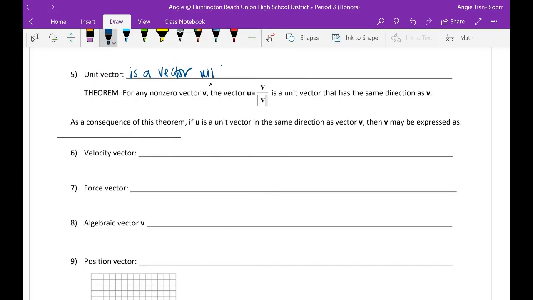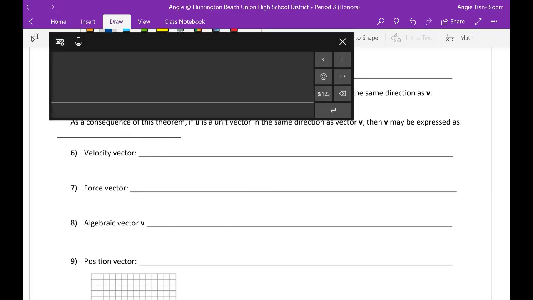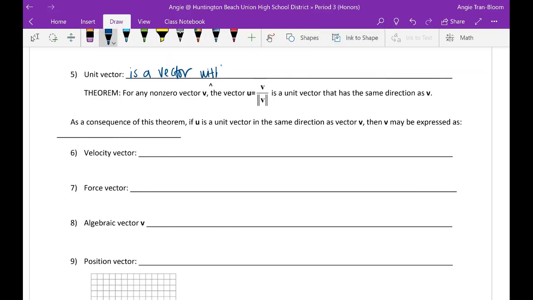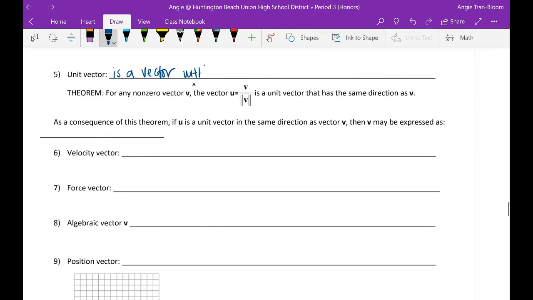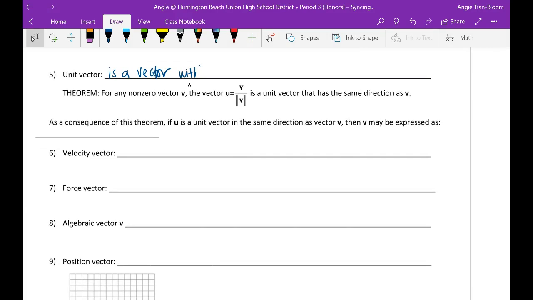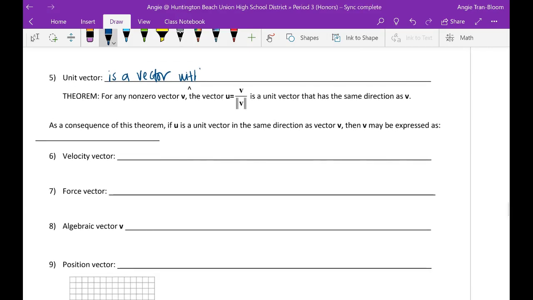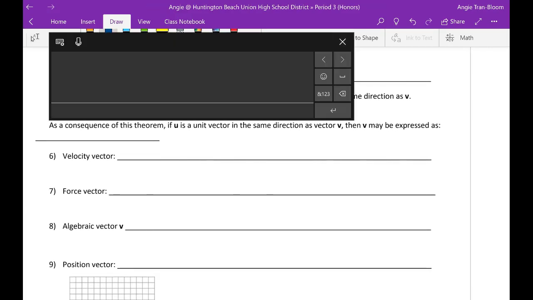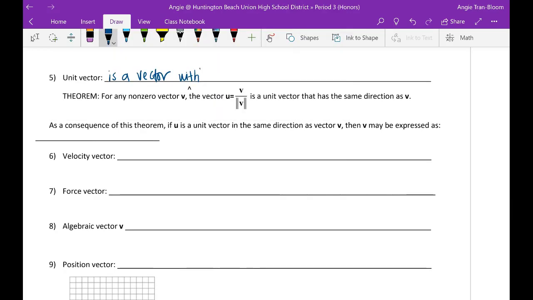Jeez. Sorry, my computer just updated a bunch of stuff last night, so it's behaving strangely. See? Look at that.